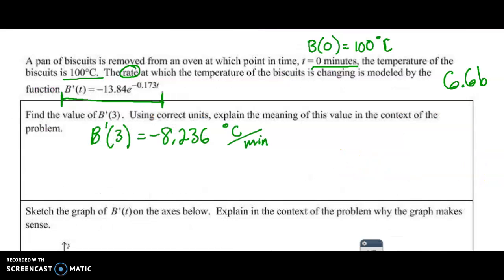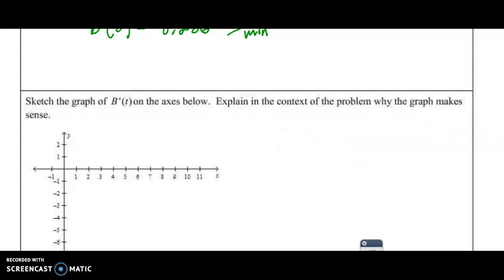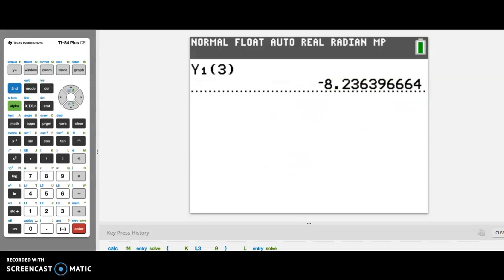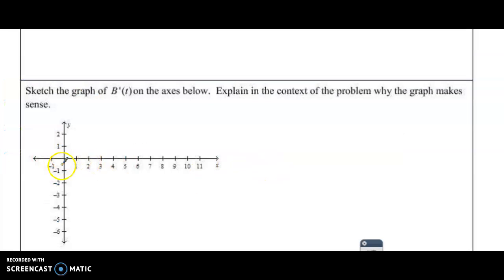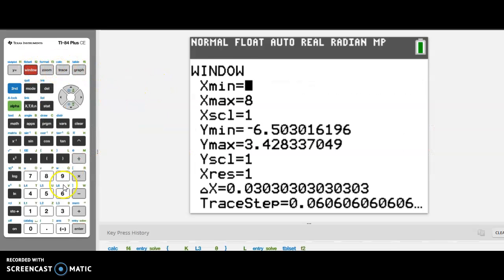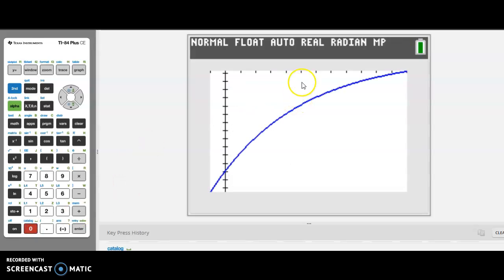So then from there, again, I would anticipate students using a graphing calculator with this. We can use the graph and explain in the context of the problem why the graph makes sense. So if I just go to the graph, they want from 0 to 11 minutes, it looks like, so I would change my window. Maybe I'll do negative 1 to 12 and hit zoom 0 to fit into the screen.